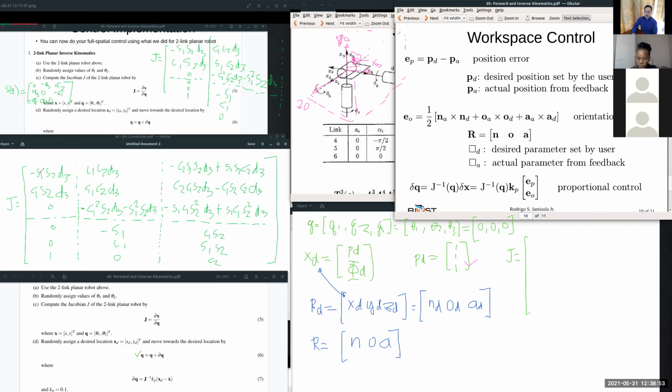Sine of 0 is 0, so this term is 0. Whenever there's a sine, everything will be 0. So this one is 0, 0, 0, 0, 0, 1. That's the first column. Second column, this is cosine, so that's 0, that is 1. So this is D3.